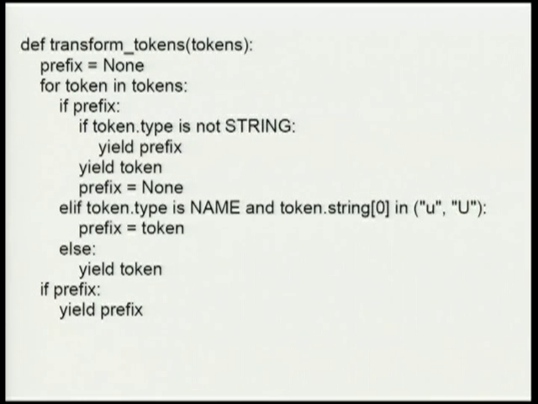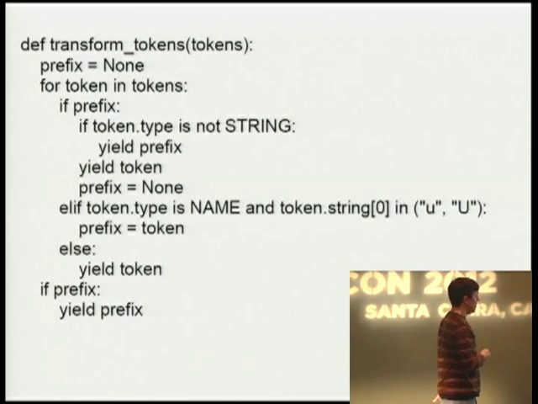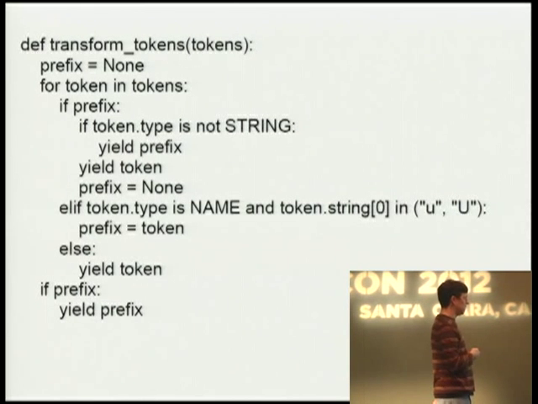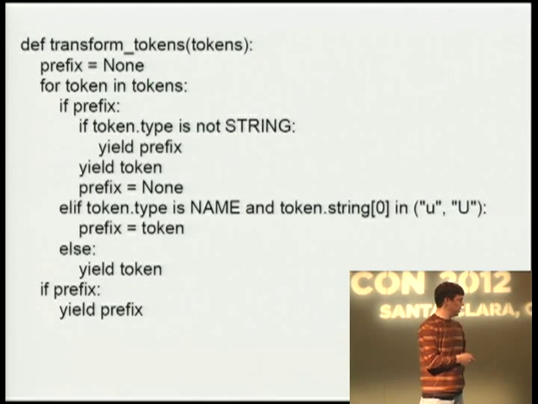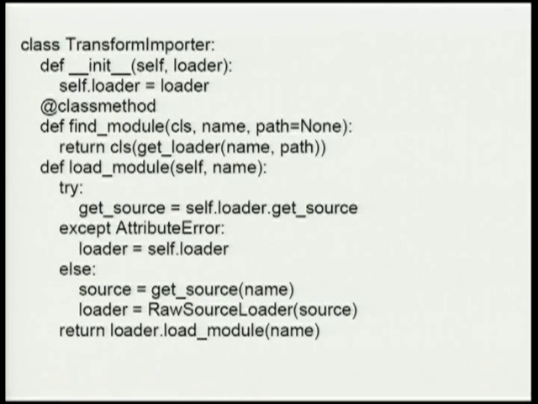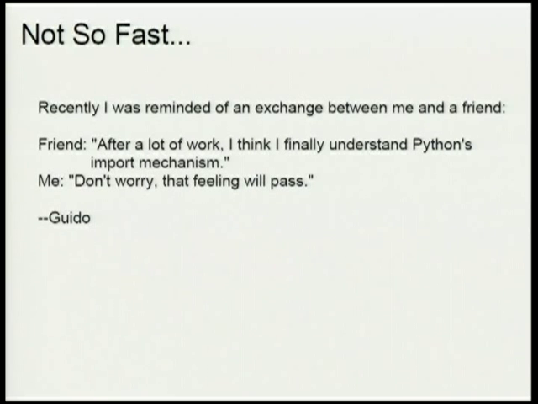You can do it. So you'd take that transform code, pass it through here, just a generator to give you back your string of tokens. And then you could use this import hook right here to actually, during import, apply that transformation. So it may look complicated, but it's really not. And so we'll talk about how all this works.